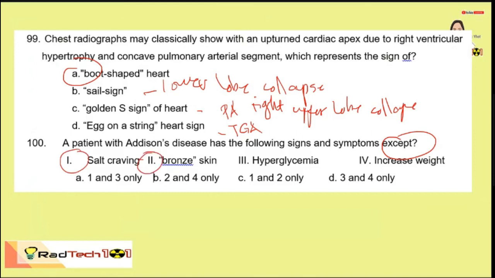Okay? So the correct answer is, kasi except yung hinahanap, the correct answer is 3 and 4. So kapag may Addison's disease, may salt craving, may bronze skin. So wala siyang hyperglycemia and increased weight. So usually ito, common siya sa Cushing syndrome.